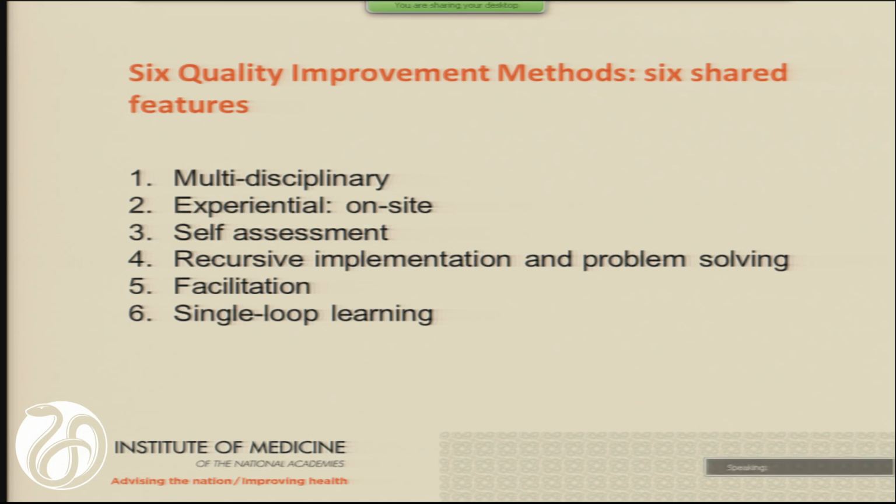Third, they all involve a self-assessment or some kind of benchmarking in order to identify problems, to set targets, or to identify goals. Fourth, then, a recursive implementation approach follows, combined in some cases with ongoing problem solving, either led by the team or facilitated by an external person.